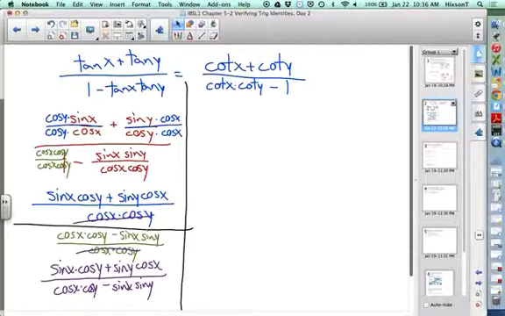So we can use this one. Does that work for cotangent? The cotangent is 1 divided by tangent, so you just change this.